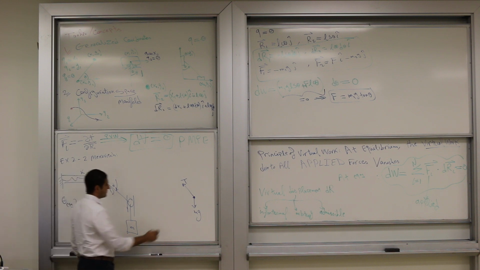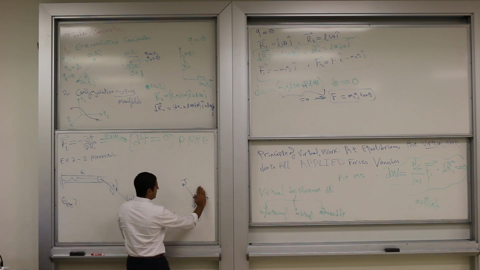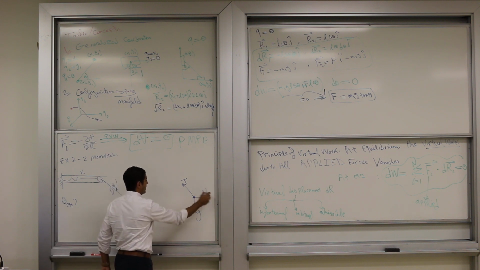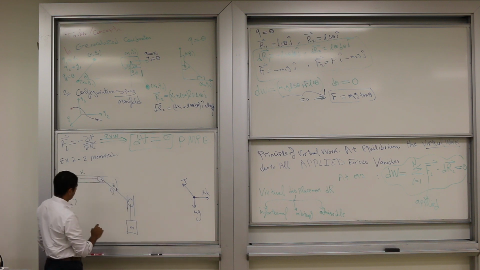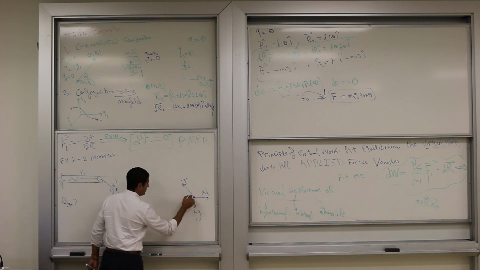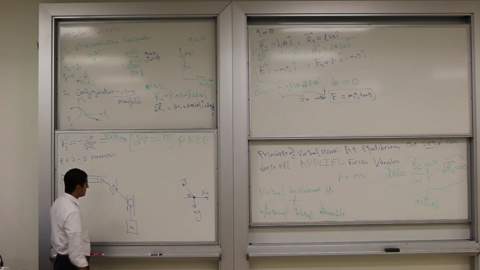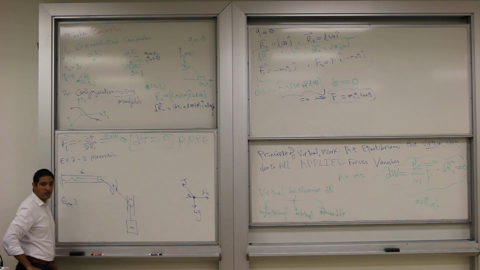Normal force. Otherwise, these two forces only cannot be in balance, right? Normal force maybe in x, and this is the theta. Where is the theta with the horizontal here? I can write down two equations. T is unknown, Nx is unknown.